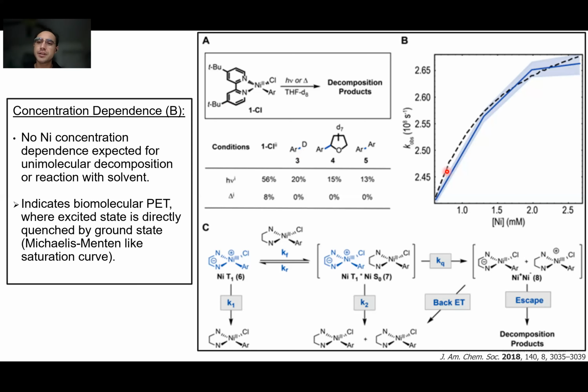And as you can see here, it's not a linear correlation, but rather a kind of saturation curve that indicates some sort of Michaelis-Menten like kinetics, and that goes along with the formation of this excimer, which is shown here, and which they indicated with the bleach broadening a couple of slides ago.